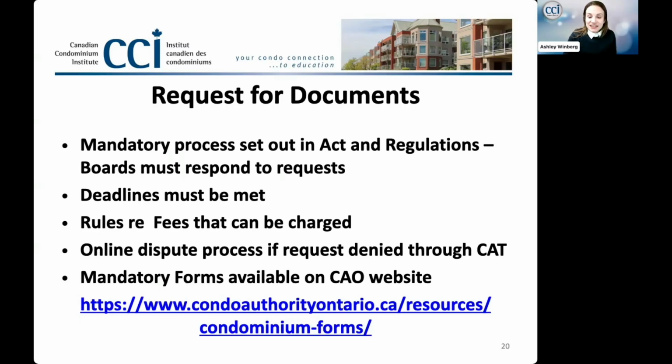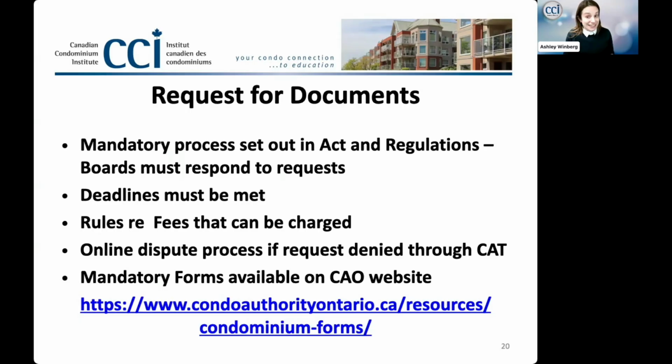So if the individual is requesting a core record, the corporation will provide them with the response. They'll review it, and it's important for the requester to review it and ensure that they are satisfied with the corporation's response.